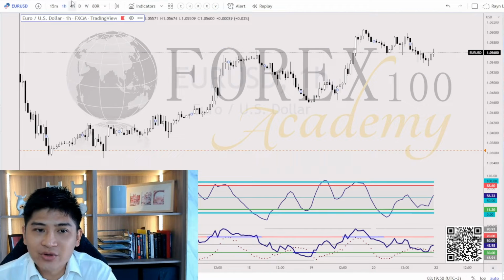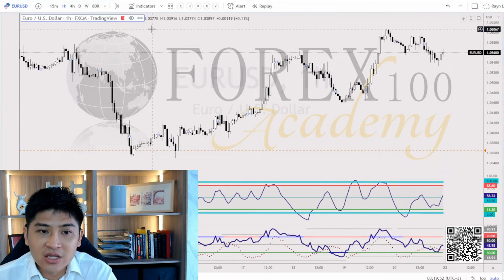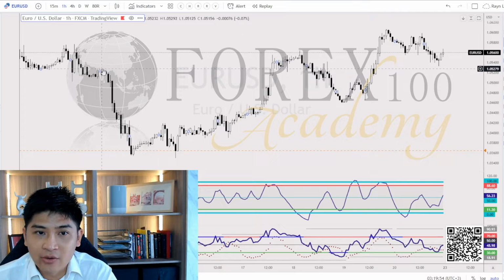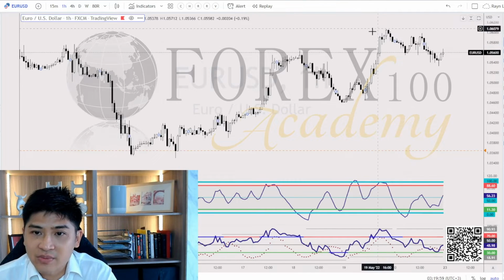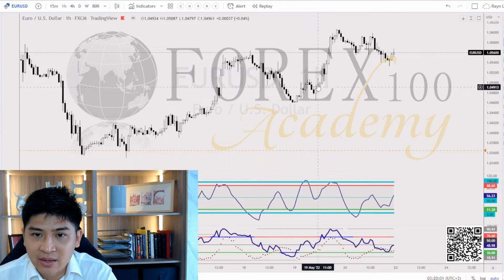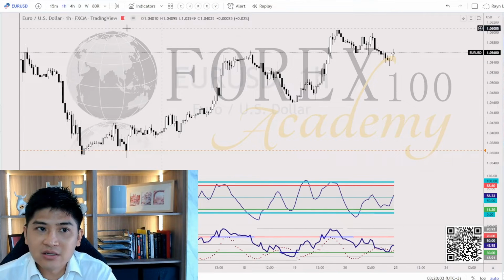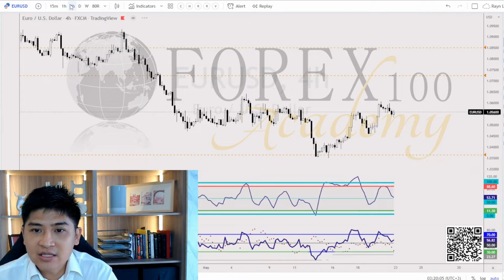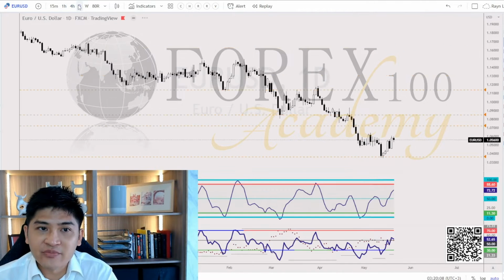However, on the 1-hour chart, based off the structure setup and our rules, we have the first break and close above the high, and second break close above the high, and that put us in a bullish zone. All right, so we have a bullish and we have two bearish movements. So what does it mean?